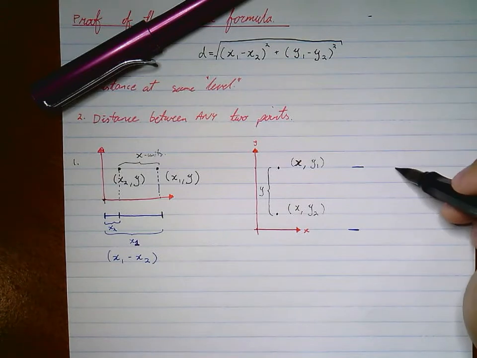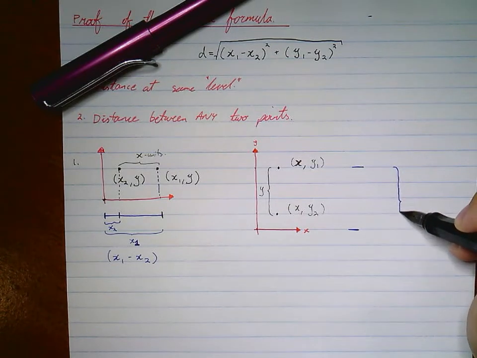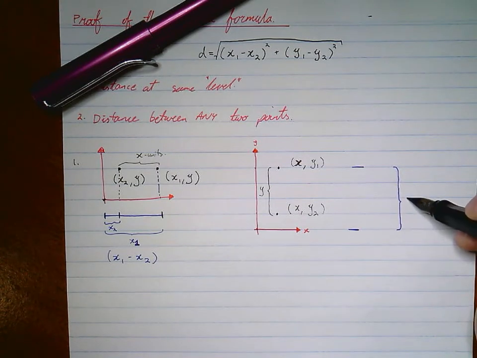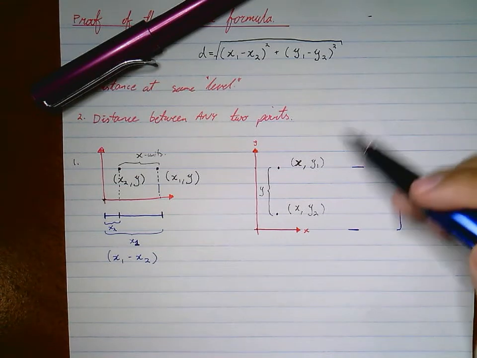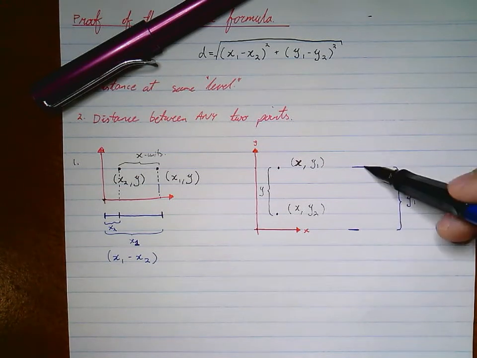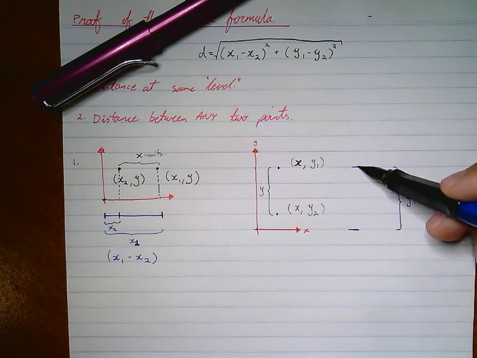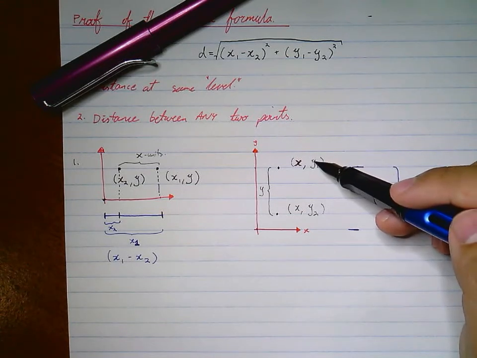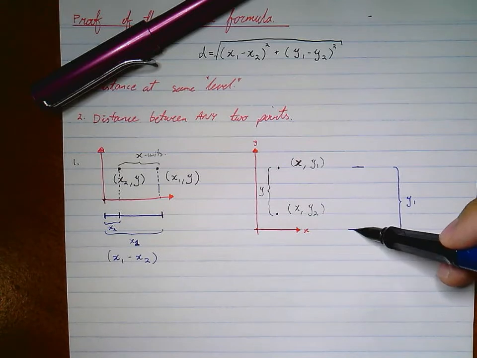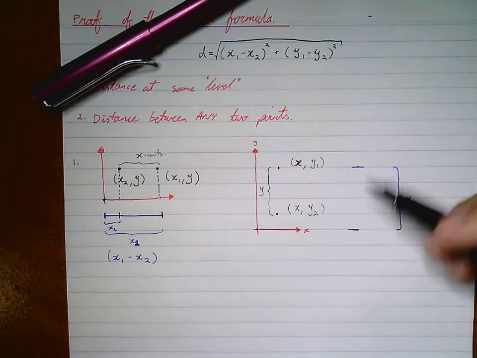So this entire length here is a length of, so not y2, of y1. So if this were 5, this whole length from 0 to there is 5. If this were 6, from here to here, it would be 6.